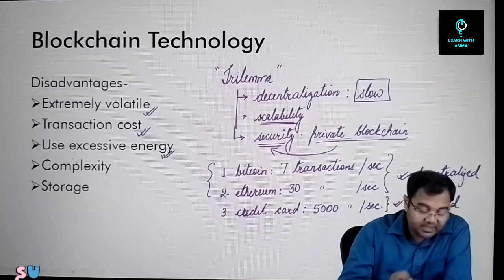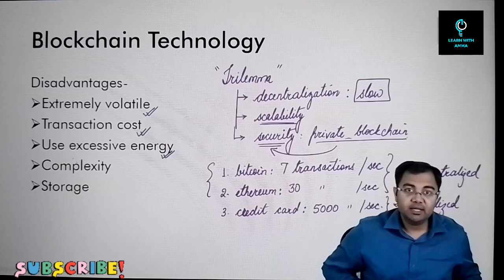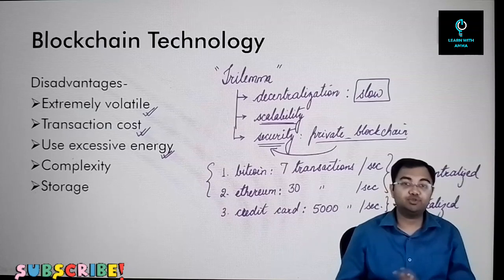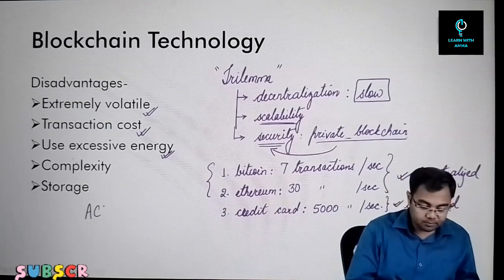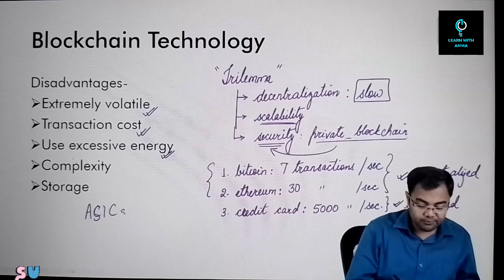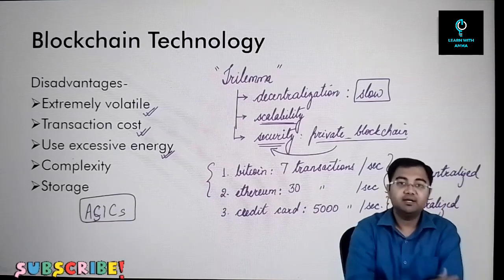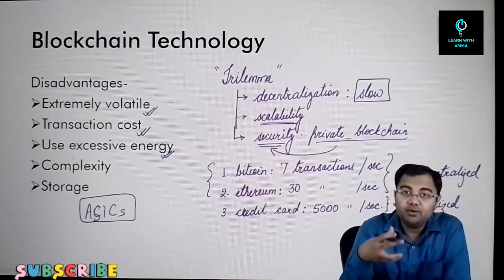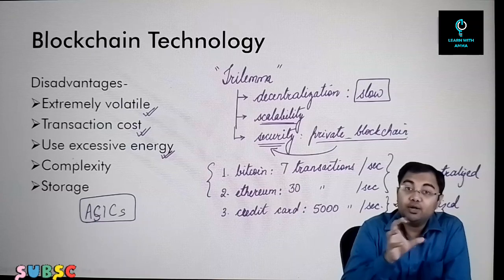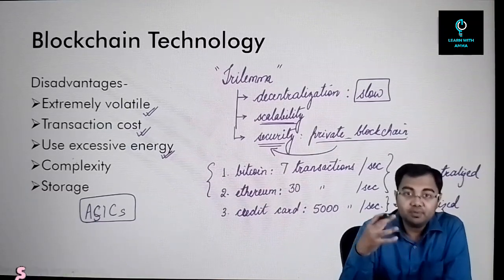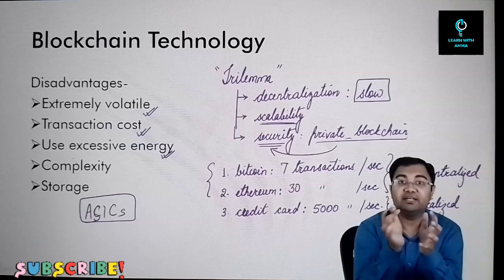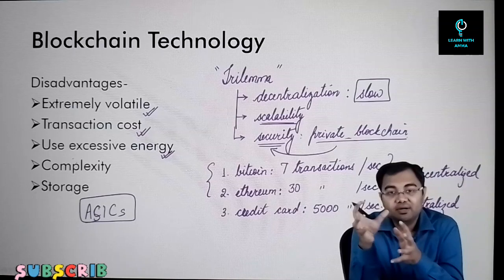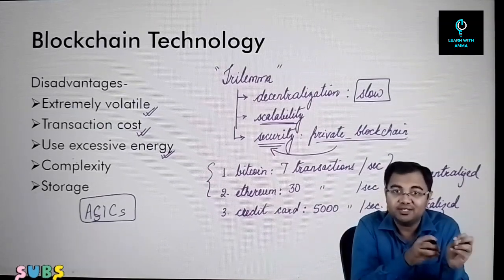Then it uses excessive energy. This is a major disadvantage, because of the mining that needs to be done, all the computation that needs to be done with the help of ASICs, a kind of computers or systems used by the miners. All the power that they use, because they have to keep computing all the time, wastes a lot of energy. For example, one of the reports has said that the amount of energy that bitcoins use today is more than the total amount of energy consumed by a small European country.